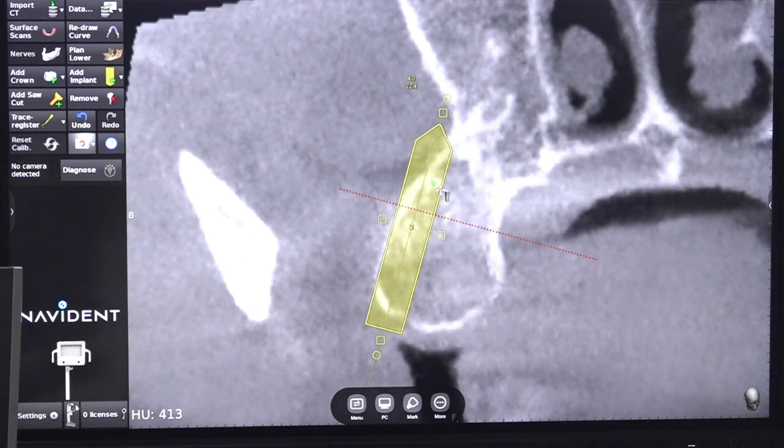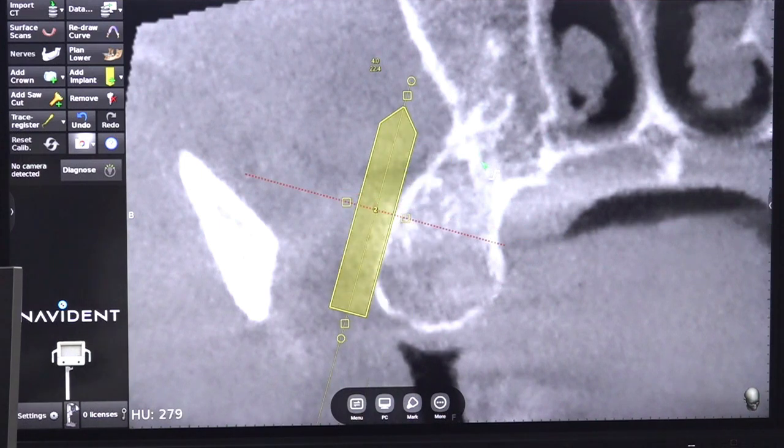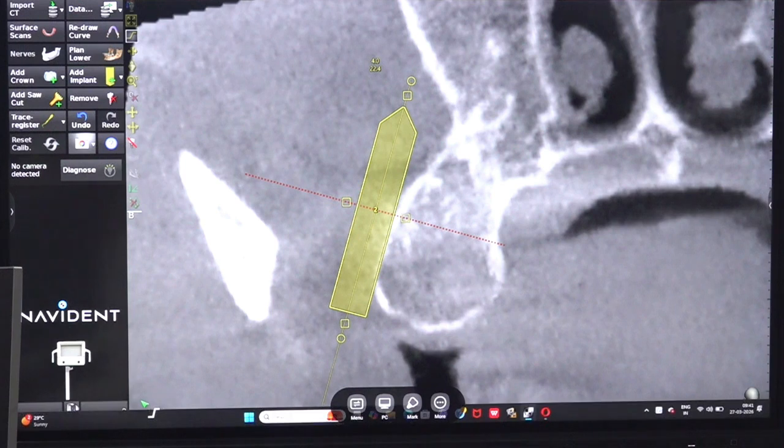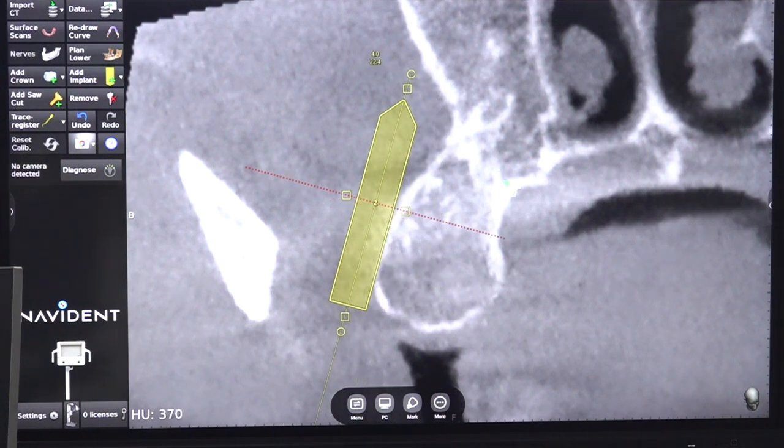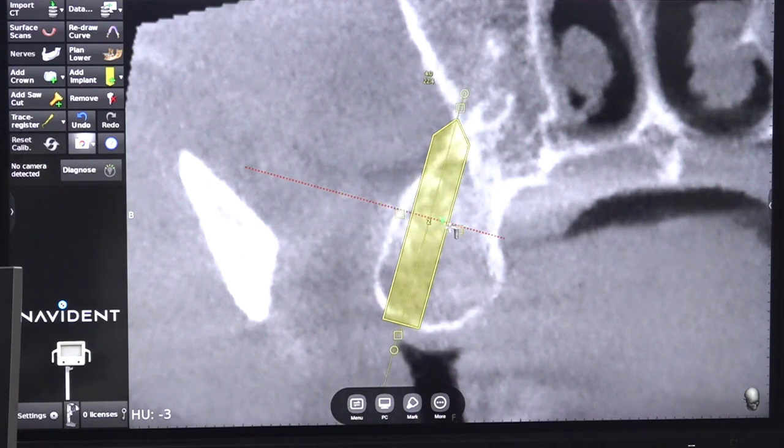So if you see here the bone density is good, quite reasonable, and we can see the HU measurement here. The tuberosity is very porous, but as we go near the pterygoid junction, it is quite good.